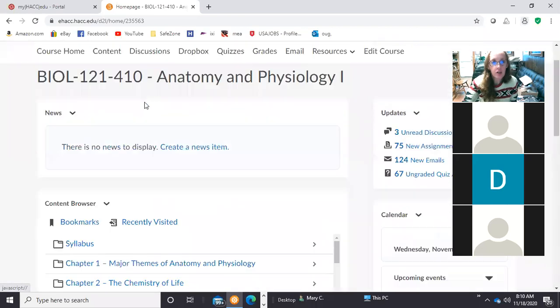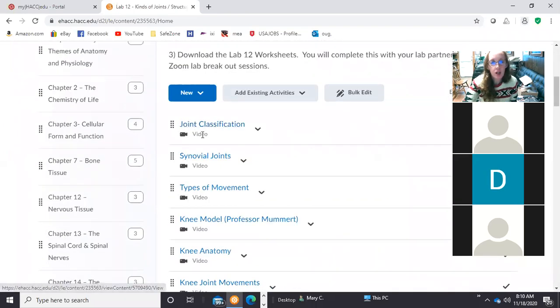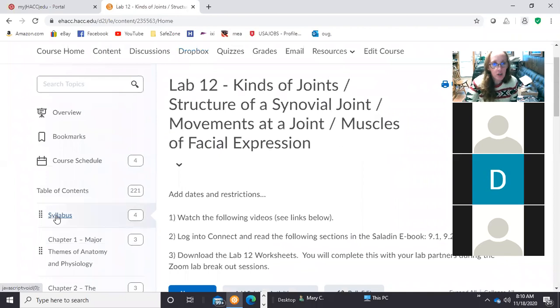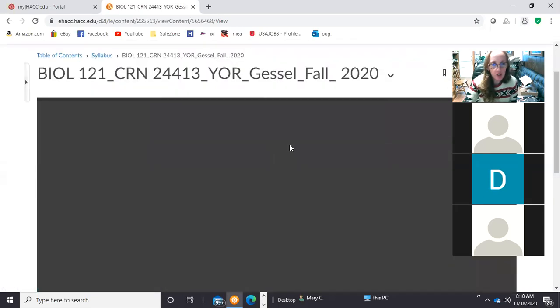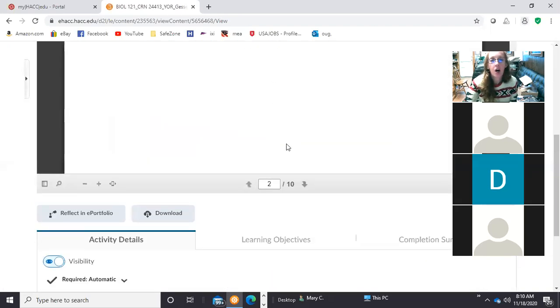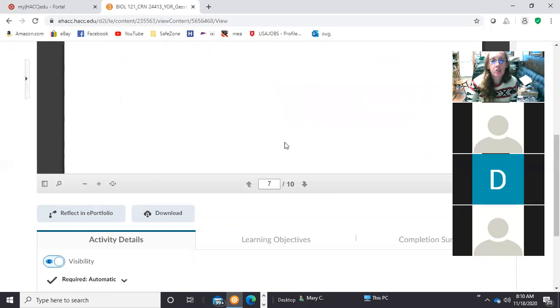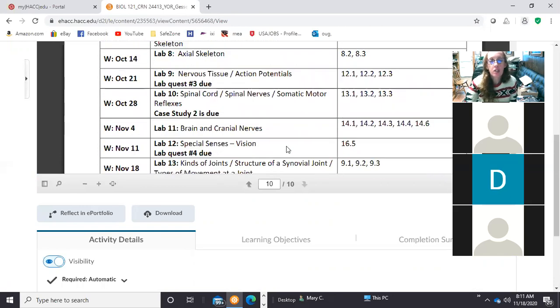Okay, let's see here. Content. So I think on the syllabus it says that we are supposed to do special, no, okay, so I don't know how we got behind in lab.